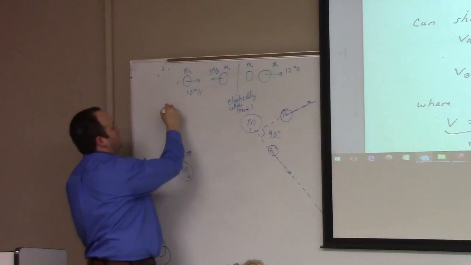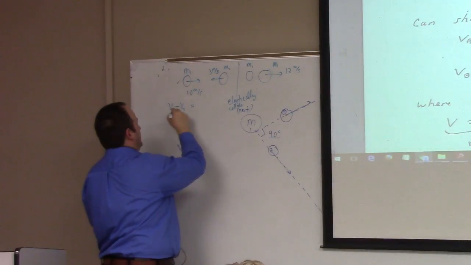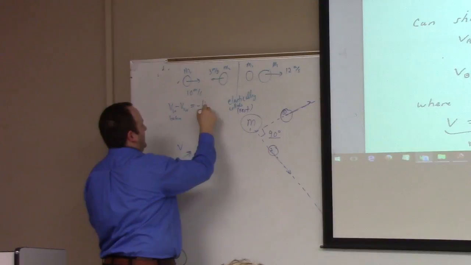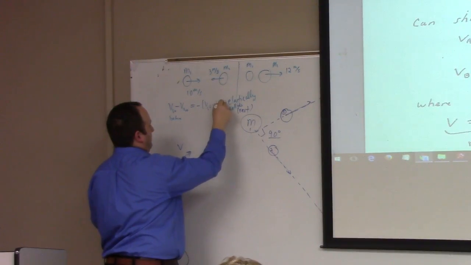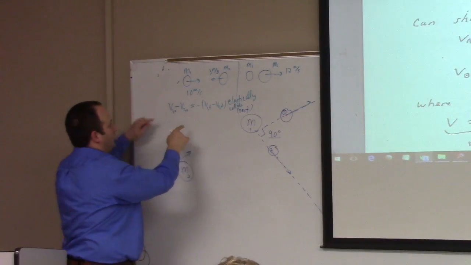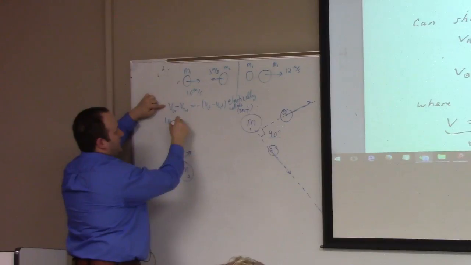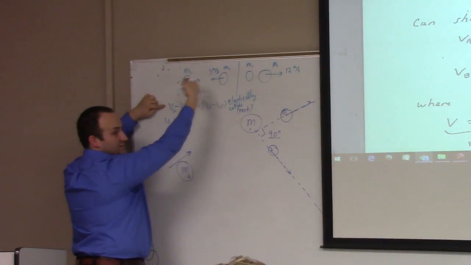So here we do V1 minus V2 before is equal to minus V1F minus V2F. That's this theorem. So let's see here. V1 before was 10 minus 3. Well, not minus 3, but plus 3, because it's left.